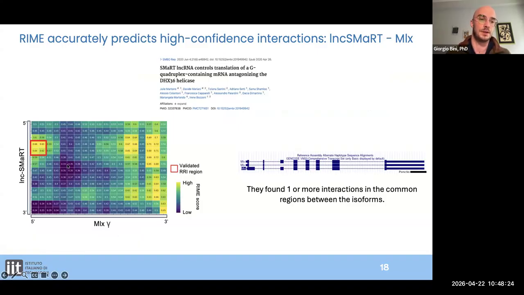And this interaction that has been validated is also detected by RIME. And interestingly, RIME is also suggesting that there is another interaction close to the 3' UTR of the MLX gamma transcript. And these findings are also consistent with what the authors found in the paper.